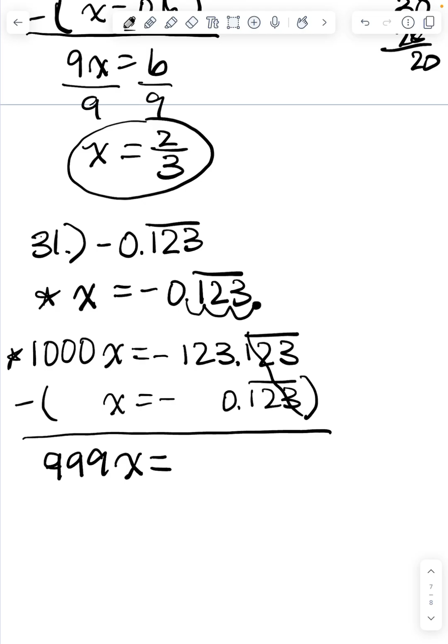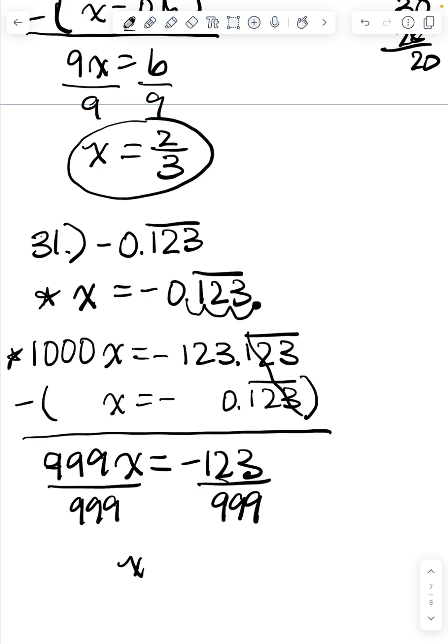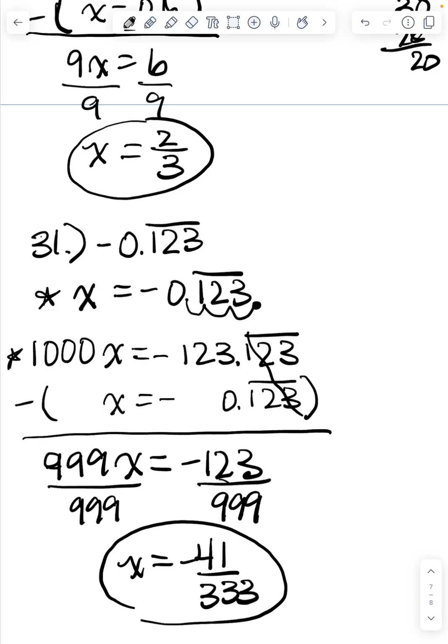Well, I guess it doesn't really matter. I don't have the negative in my work, but it's in the answer, right? Okay, so we end up with negative 123. We're going to divide by 999 on both sides, and then end up reducing. So they both divide by 3. That leaves us with negative 41 over 333.